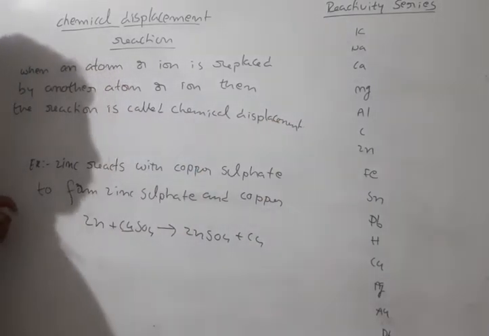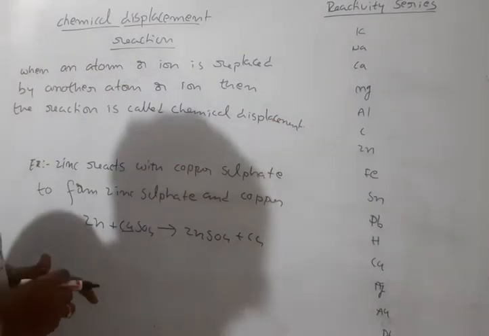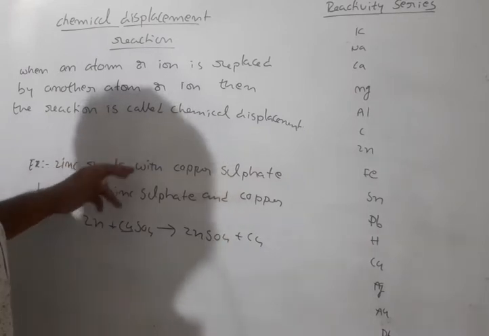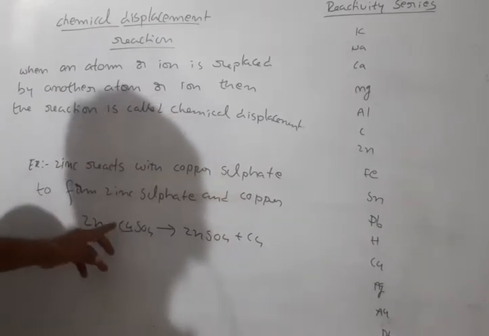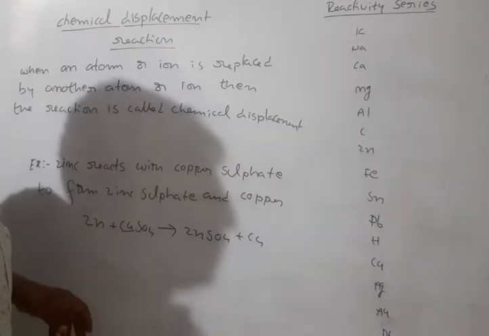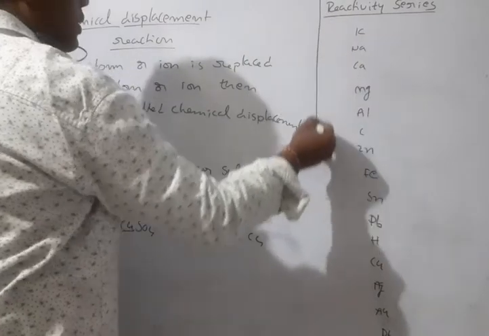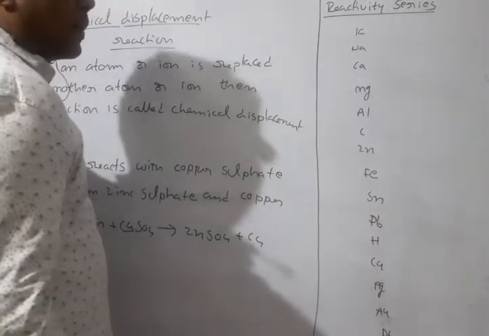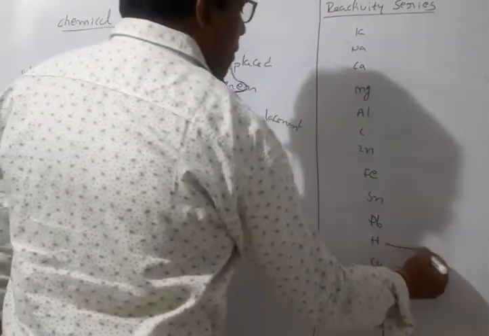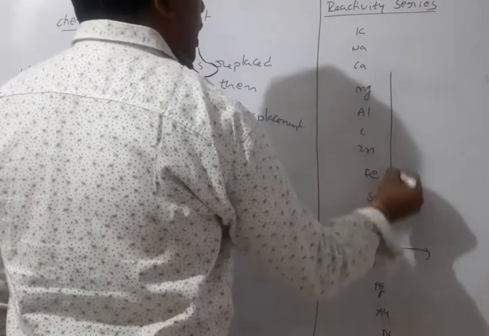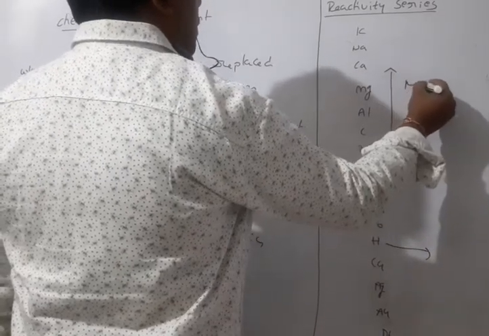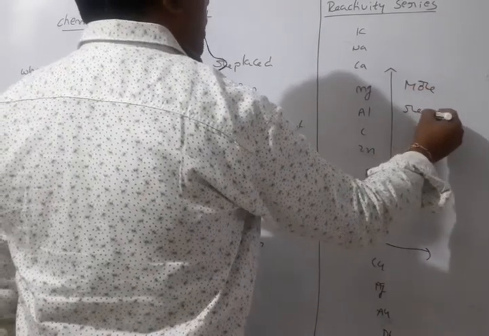Here, one of the important points in this type of reactions is which element displaces which element, and which element cannot displace which element. So here I give the reactivity series of some elements. In this reactivity series, above the hydrogen are more reactive elements.